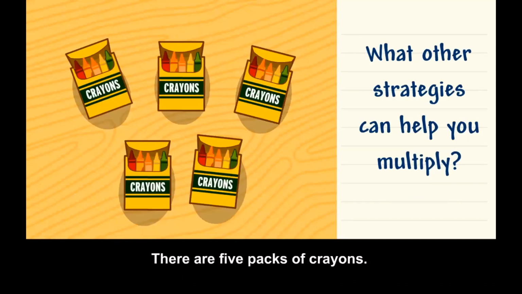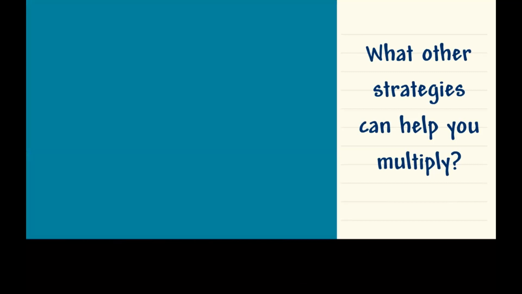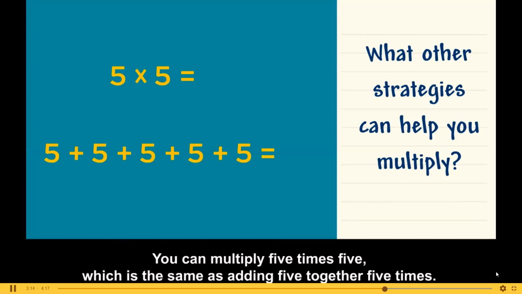There are 5 packs of crayons. Each pack has 5 crayons. How many crayons are there all together? You can multiply 5 times 5, which is the same as adding 5 together 5 times.